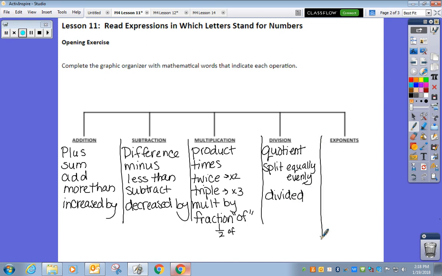For exponents, squared means an exponent of 2. Cubed means an exponent of 3. And you might see to the whatever power, so to the 4th power, 5th power, so to the something power. So these are all some words that we may see in today's lesson.